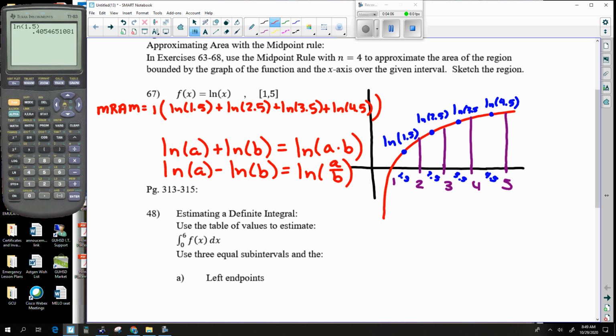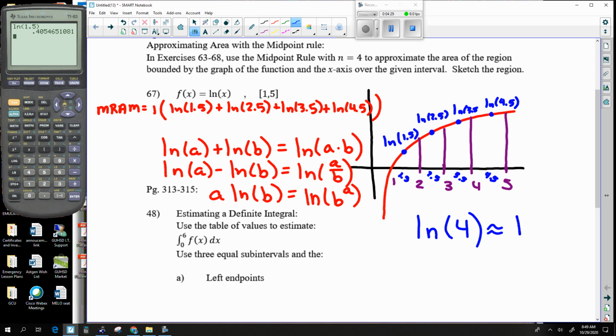And last but not least, if you have something multiplying an ln, that's the same thing as talking about its power, or vice versa. I know I'm getting away from this question, but in some questions you'll have an answer of ln of 4, which is the same thing as the ln of 2 to the 2. These are all the same thing.